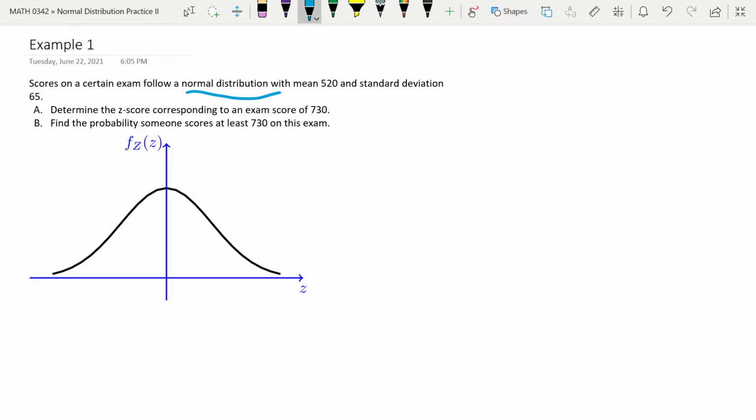So we have data here, so let's jot this down on the side. I know that the mean score for this exam is 520, and the standard deviation is 65. I want to find the z-score corresponding to an exam score of 730.